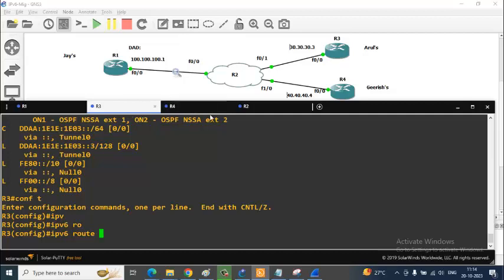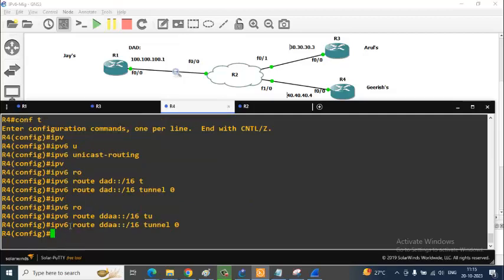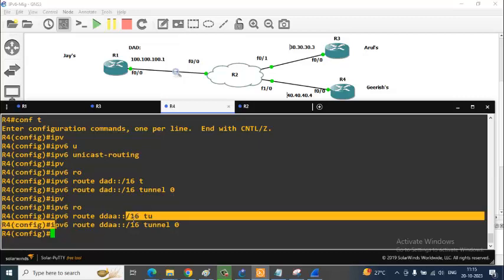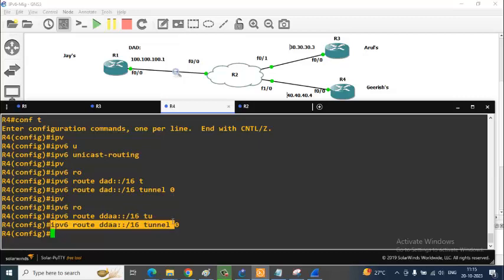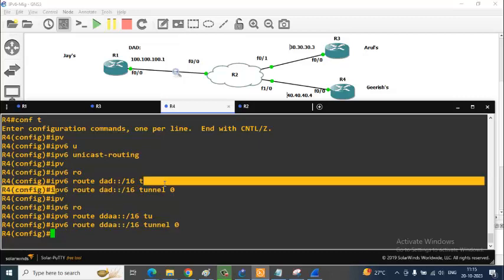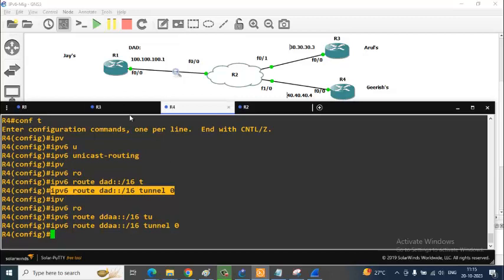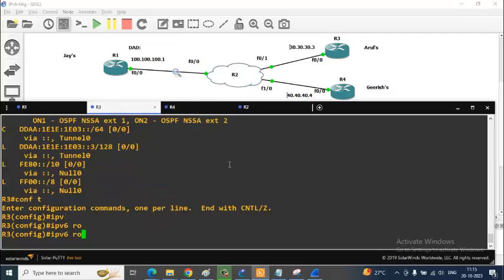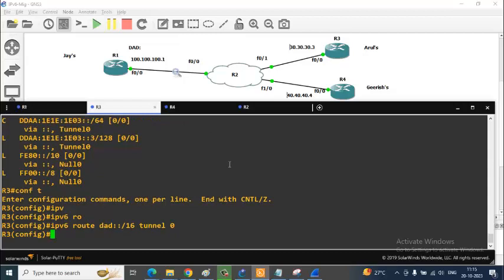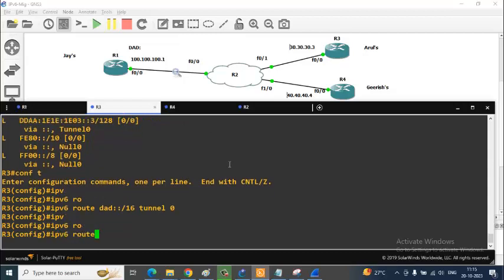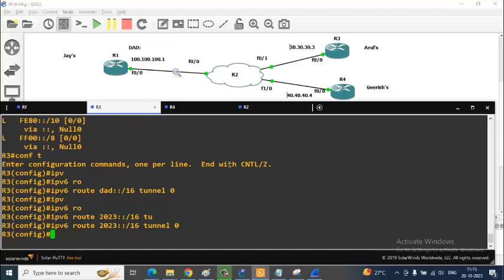I can copy this line from here. ::/16 send it right there. Okay, now the routes are written.